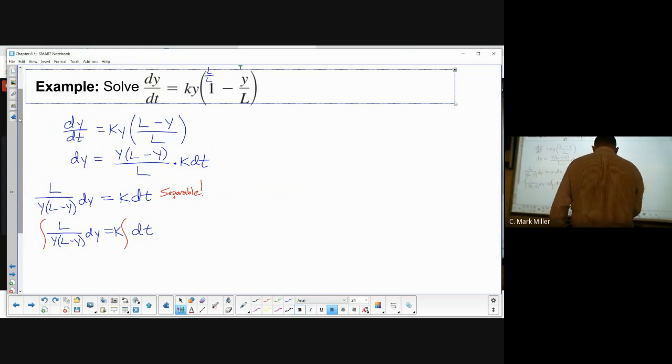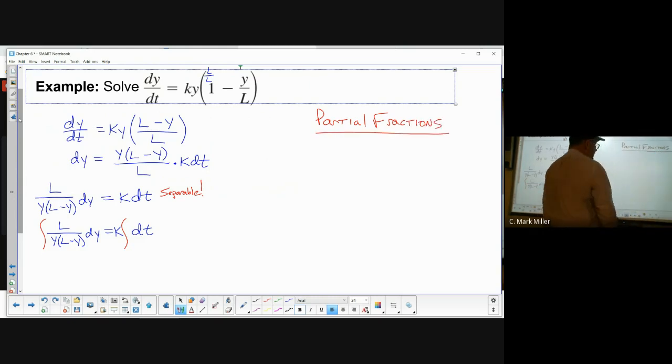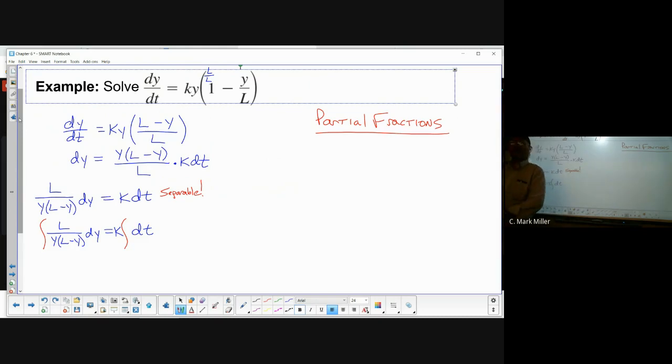So we're going to go over here and do partial fractions. It's an algebra technique. There's no calculus in partial fractions, it just helps us with calculus.